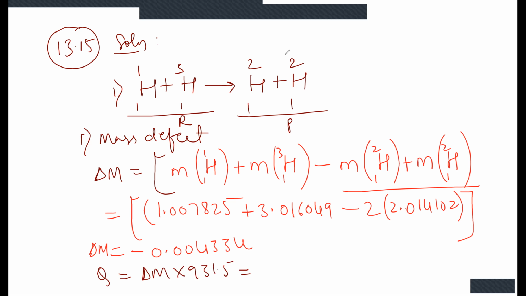Substitute the value of delta M and then into 931.5. The Q value we are getting is 4.033 mega electron volt.